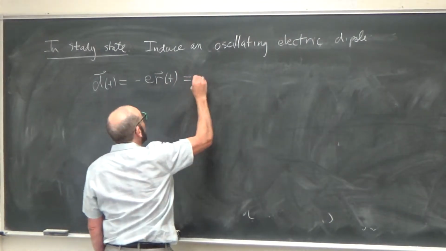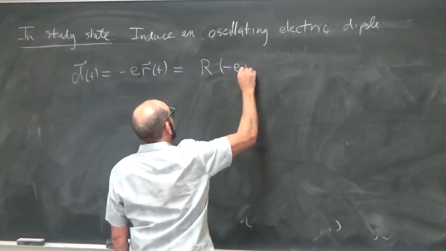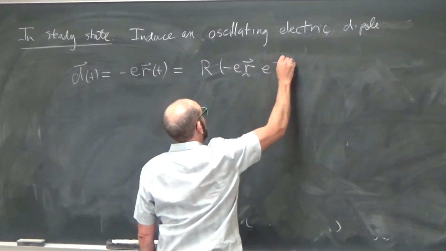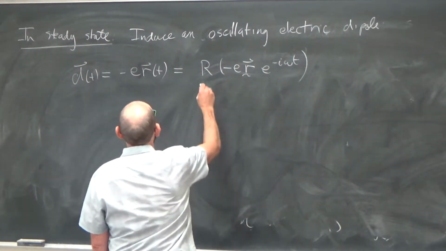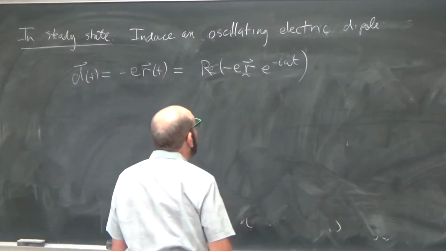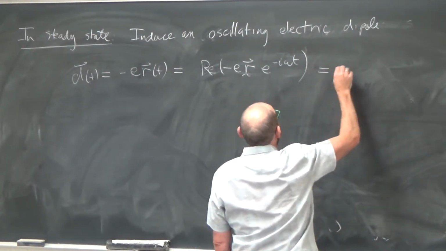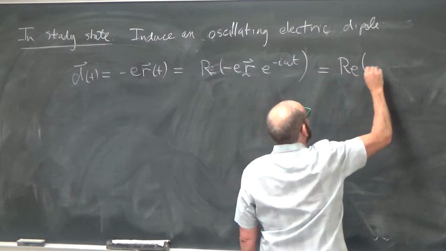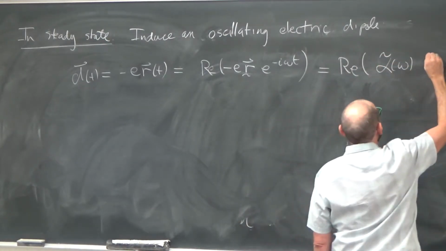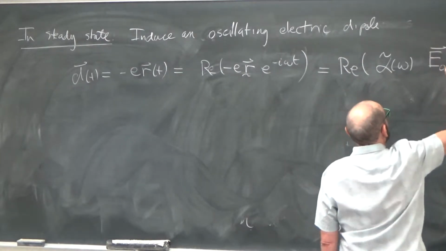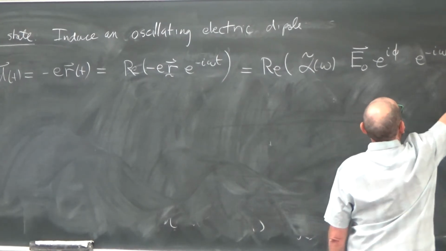The steady state is oscillating at frequency omega t. It's the real part of that, which I can write as the real part of some complex number I'll call alpha times that.